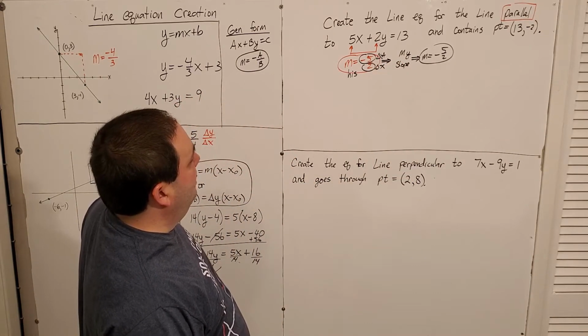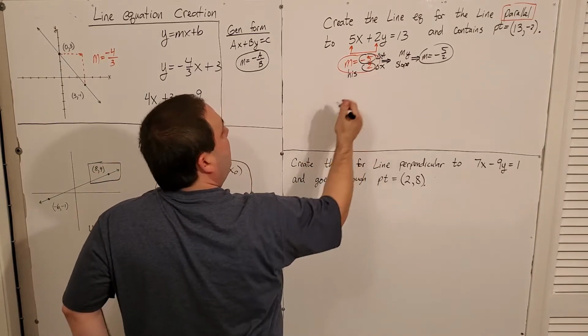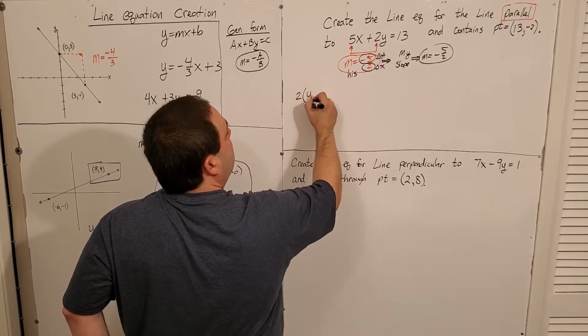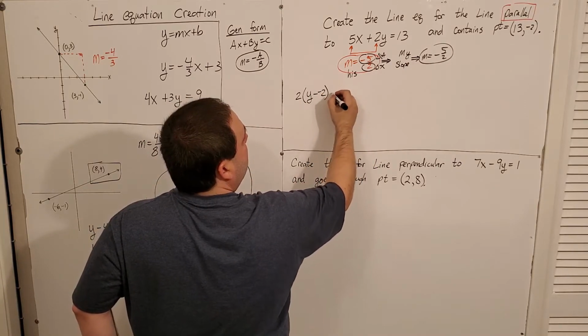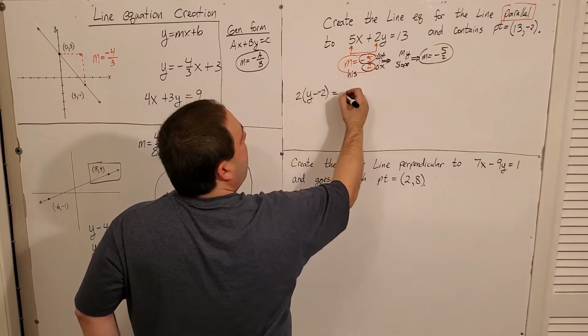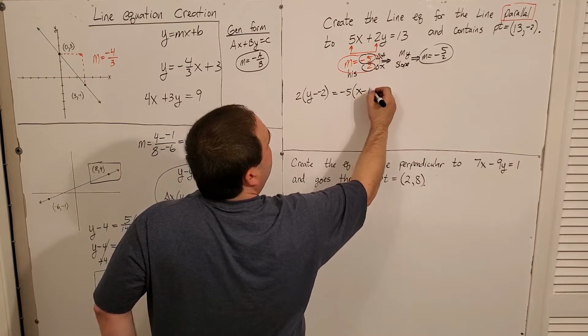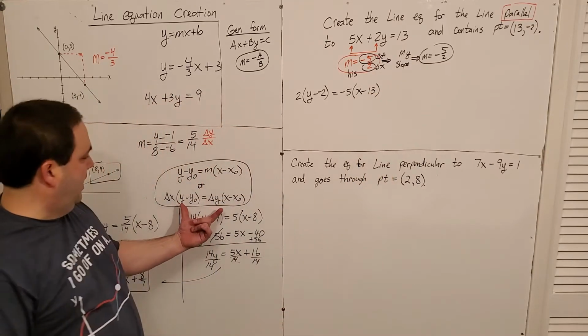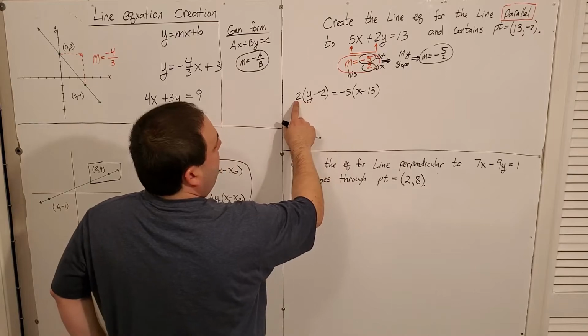Okay? So if I set up my point slope, then I'm going to have 2 times y minus negative 2 is equal to negative 5 times x minus 13. Right? I'm just setting up point slope form again. Right? And there's my delta y, there's my delta x.